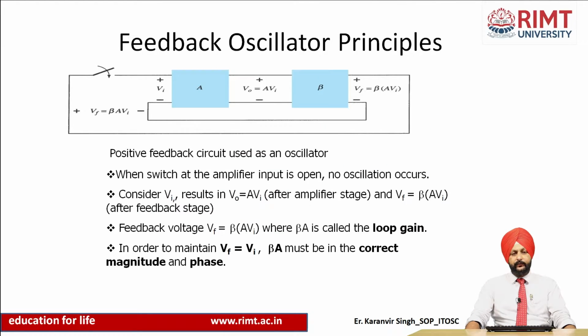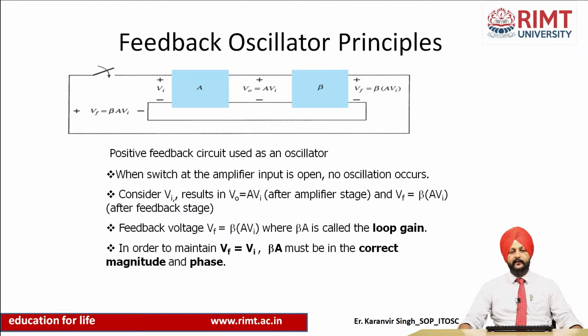Another concept involved with the oscillator is the feedback oscillator principle. The diagram shows that we provide the input voltage at the input of the amplifier, and after amplification we obtain the amplified output at the end of the amplifier.